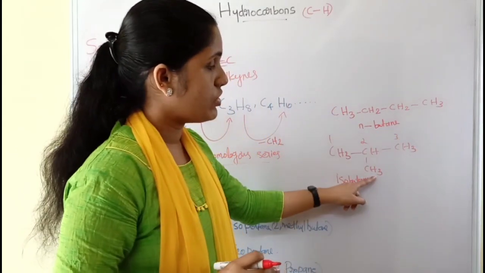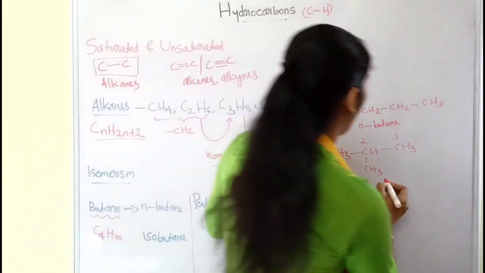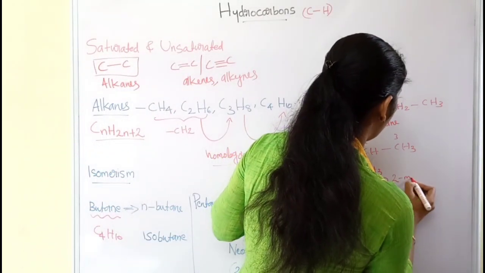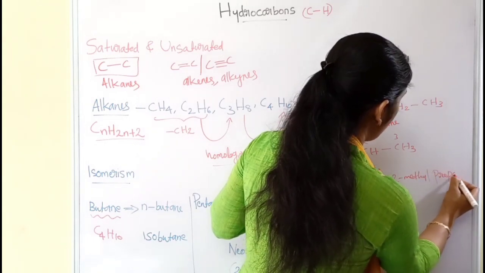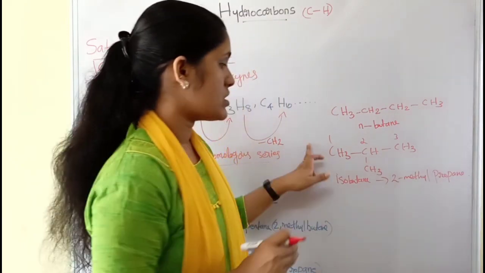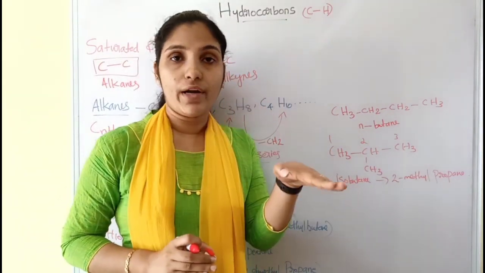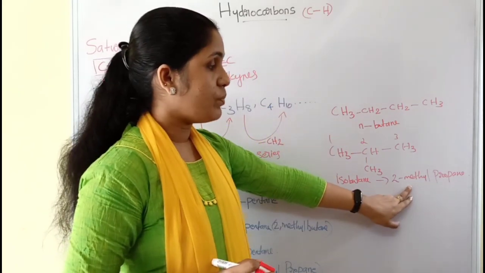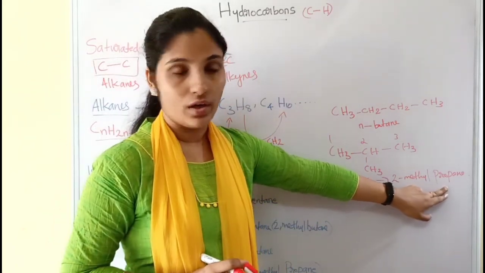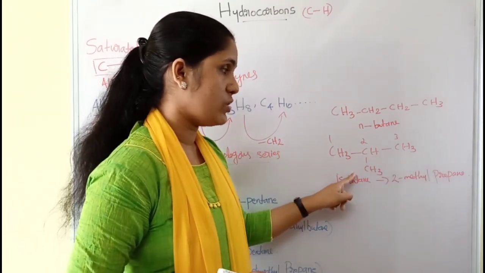At the second position, one CH3 group is attached, that's why this compound is known as 2-methylpropane. So remember the two names of this compound: either isobutane, which is the common name, or the correct IUPAC name, 2-methylpropane. But whatever, just count the number of carbons and hydrogens here.